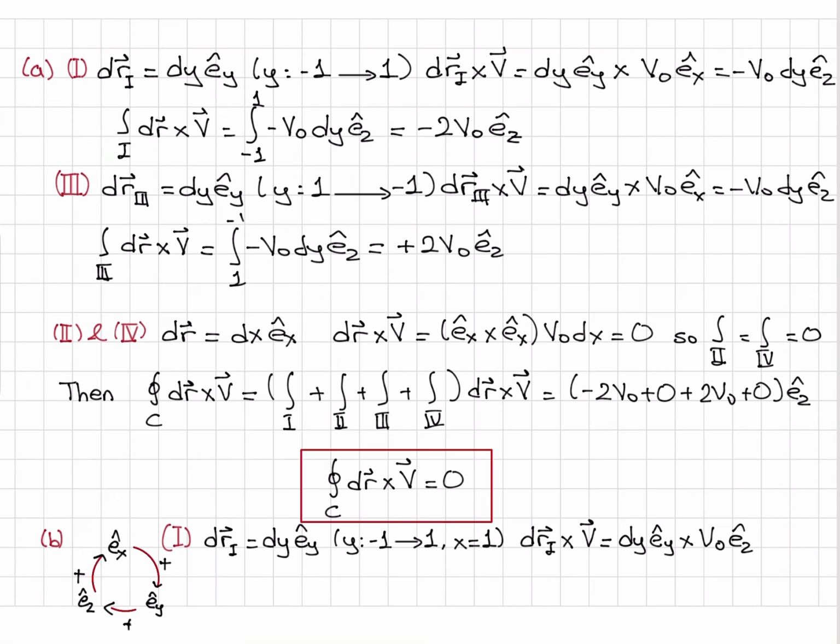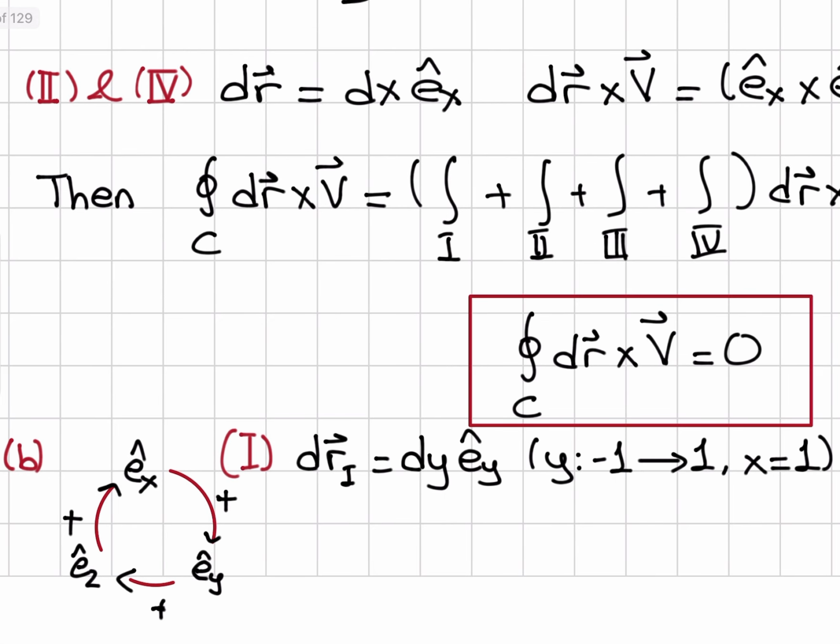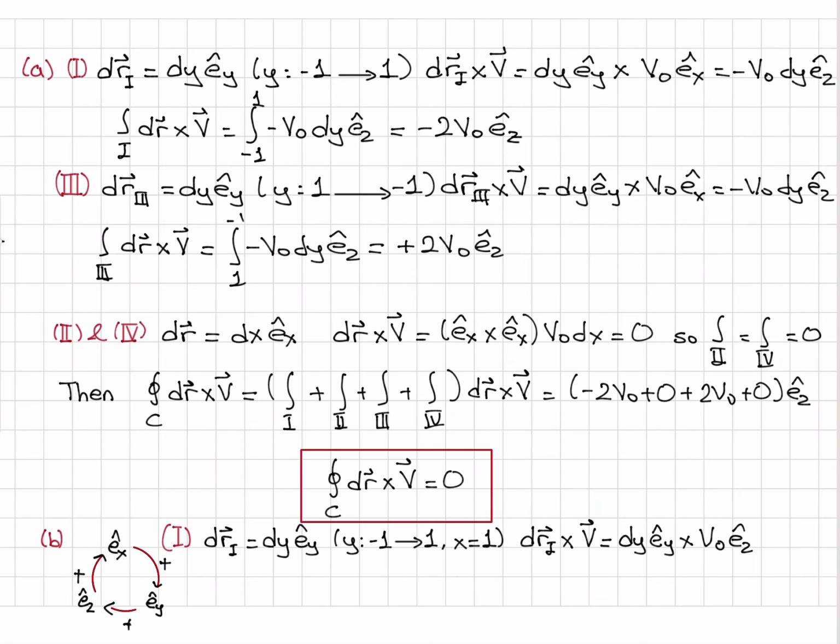Now, what is ey hat cross ez hat? Ex cross ey is ez, ey cross ez is ex, following these cyclic permutations. So the answer for this is v0 dy ex hat.